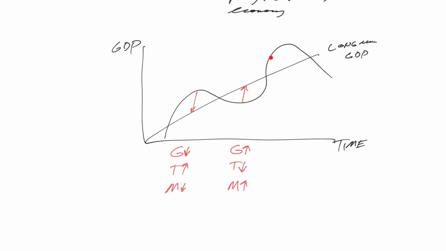And then when you're up in the expansion, use those tax revenues from the expansion to pay off the debt. So to increase government spending, you're going to have to borrow money. You go into debt, stimulate the economy, get it out of the recession, and then here you would pay the debt back.